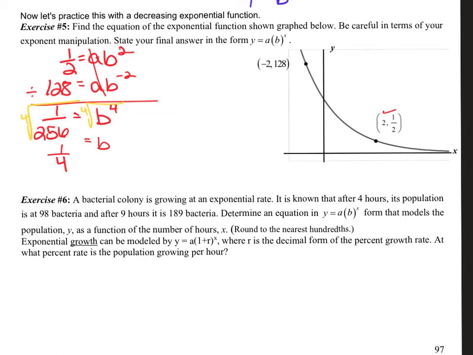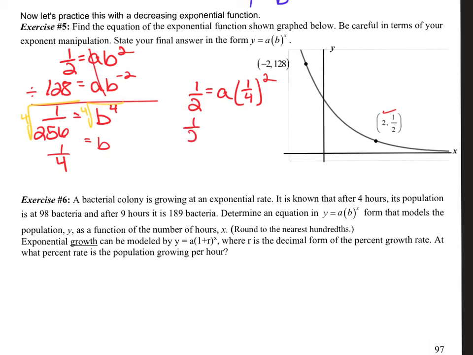Now that I have my b, I'm going to plug in to my original. I'm going to use the same point that I've checked off. I don't want to deal with negatives if I don't have to. So I have 1/2 equals a times 1/4 to the 2nd power.